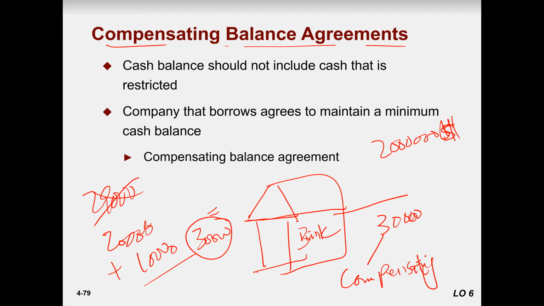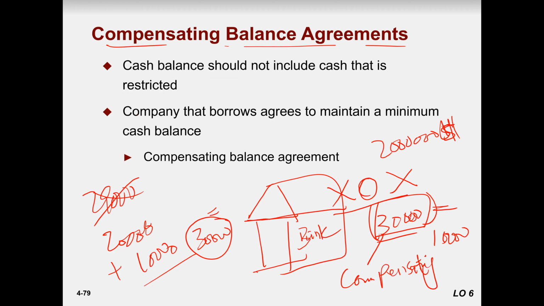You cannot make your account balance zero. Even though it is your money, if you have a 30,000 balance and a check of 10,000 came, the bank will refuse it.